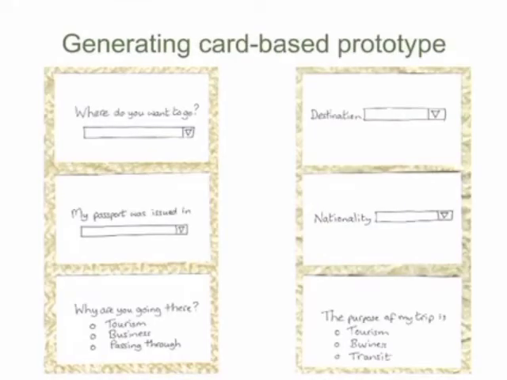Generating card-based prototypes. Card-based prototypes are commonly used to capture and explore elements of an interaction, such as dialogue exchange between the user and the product. The value of this kind of prototype lies in the fact that the interaction elements can be manipulated and moved around in order to simulate interaction with the user or to explore the user's end-to-end experience.